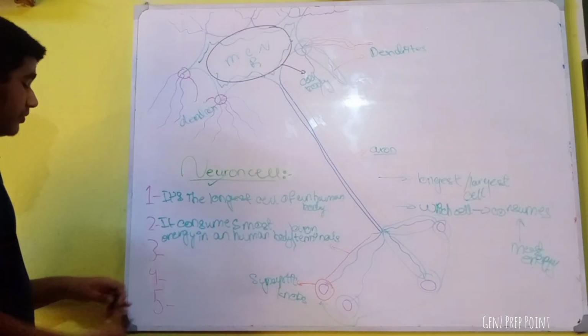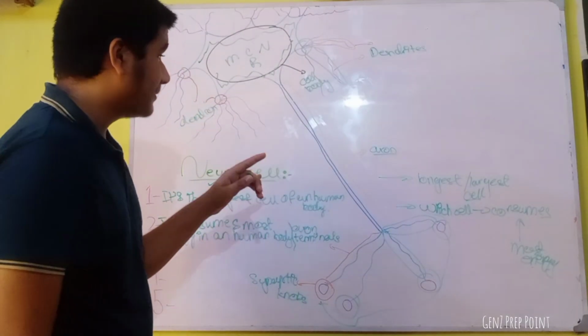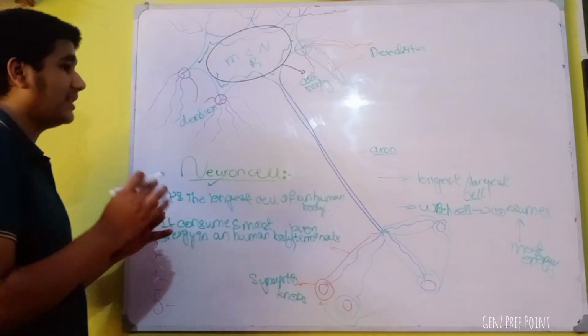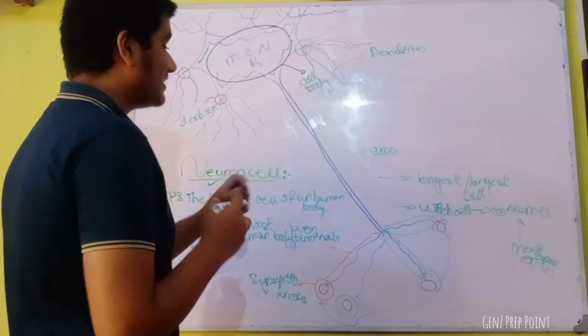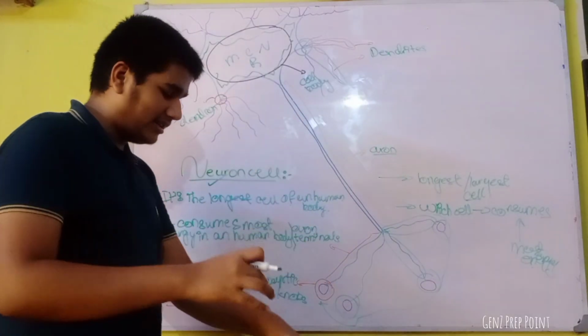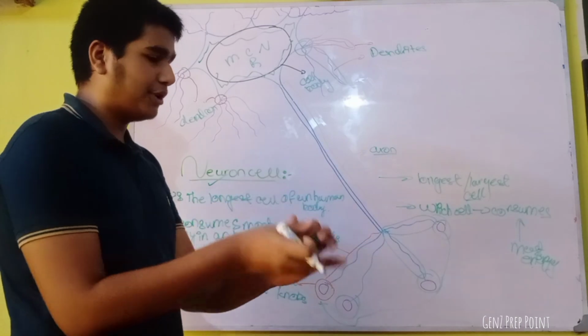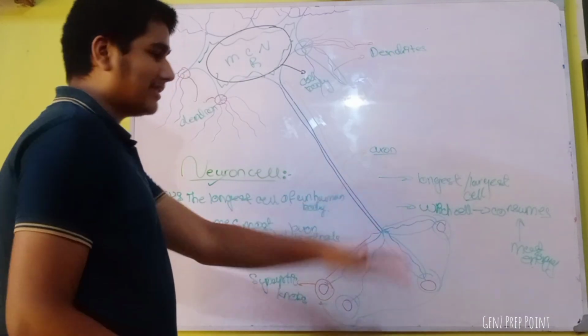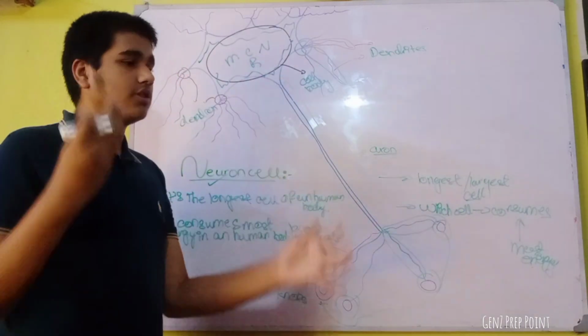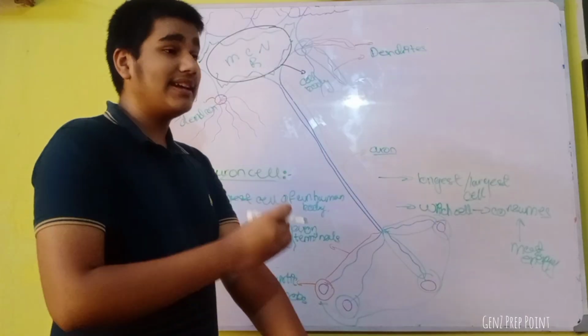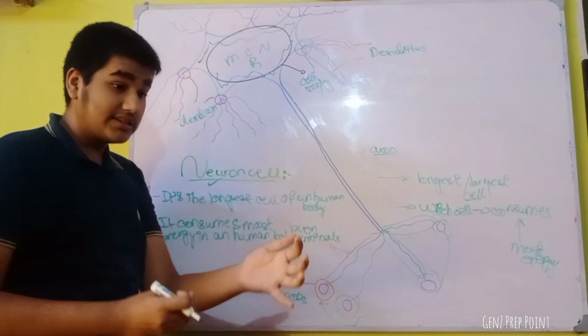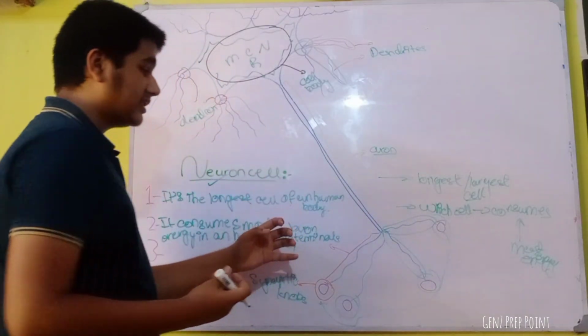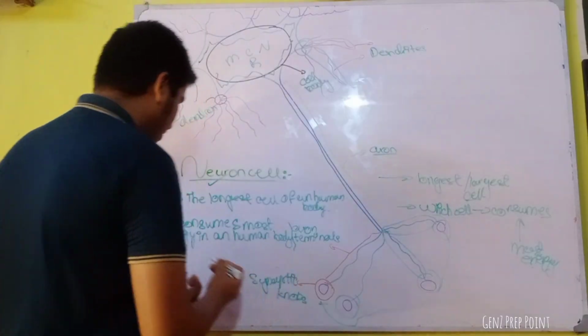Now if we move on to the third point, the third purpose of a neuron cell, this can come in the theory part. If my skin gets hurt, like if I put my hand on a frying pan, it's hot. So how is my brain gonna know? It sends an electrical impulse to my brain. So it's responsible for electrical communication.